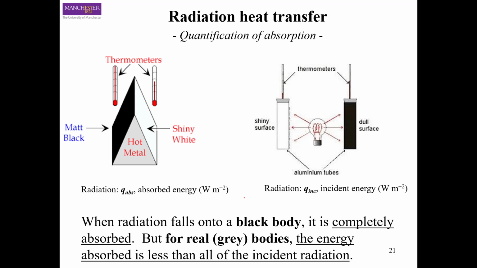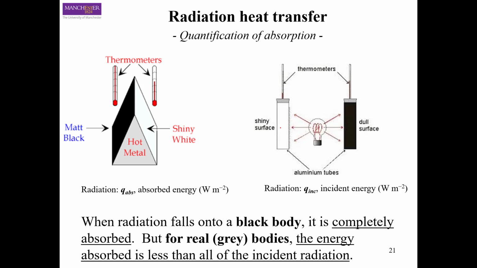A common example is shown here. If you have a source of radiation, and then you have two different objects, one is a black body and the other one is a gray body or a shiny surface, you can see that the temperature of the black body will increase much more quickly and to a higher extent compared to the temperature of the shiny surface.